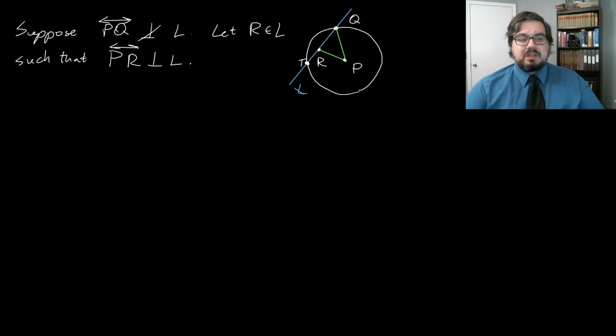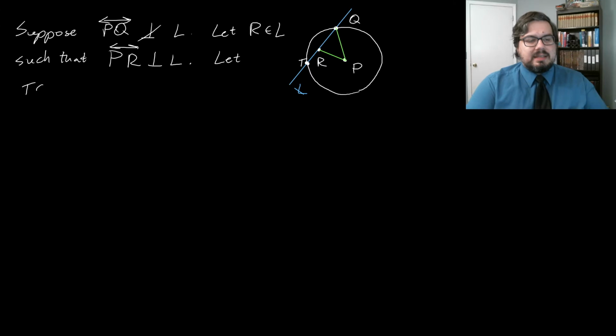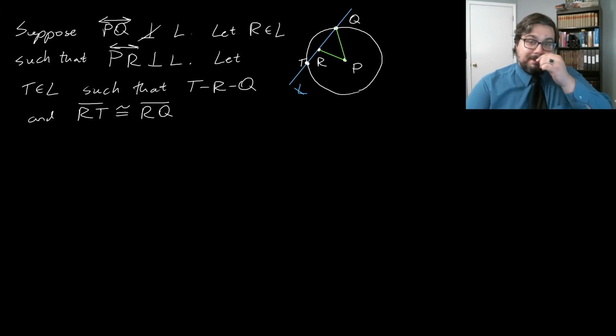So let's do that in the following way. Let T be in L such that, based on the diagram, R is between T and Q, and we want the segment RT to be congruent to the segment RQ. There's some symmetry that we're basically taking advantage of here.